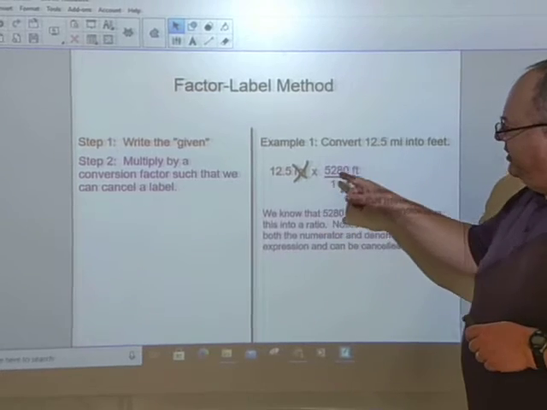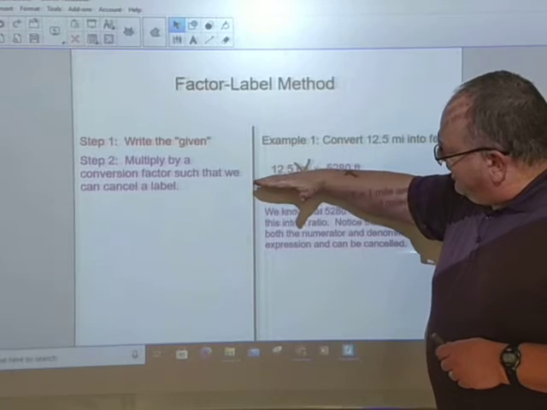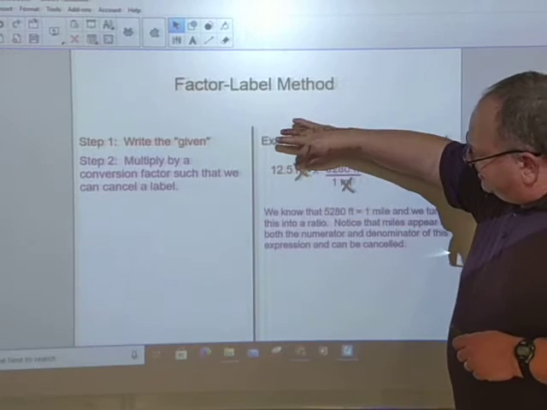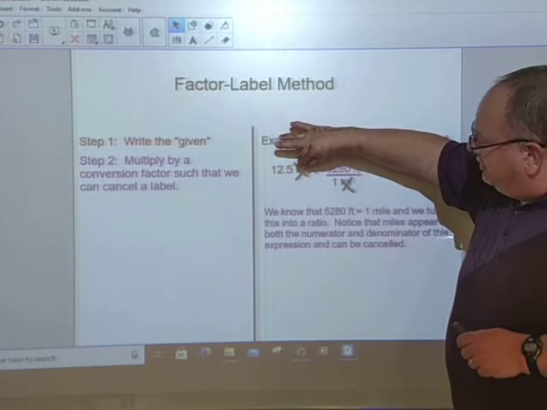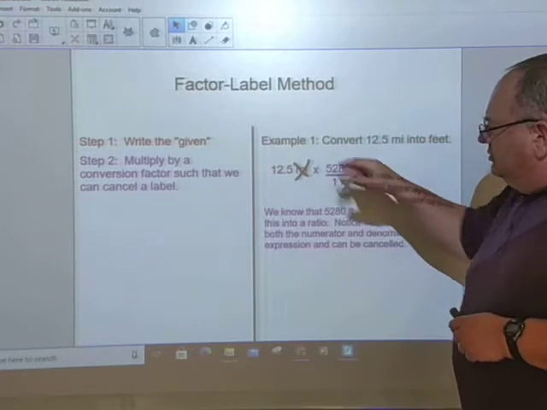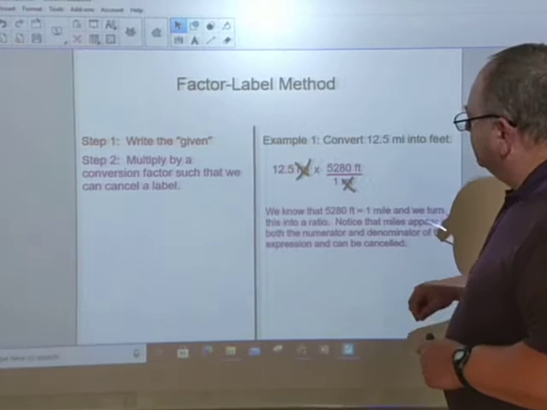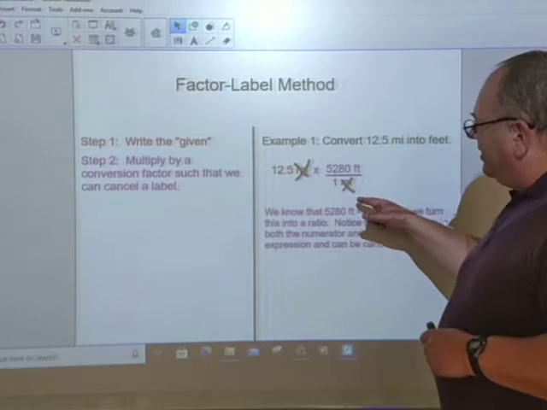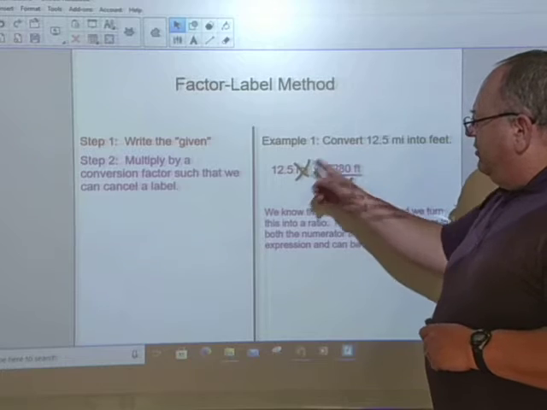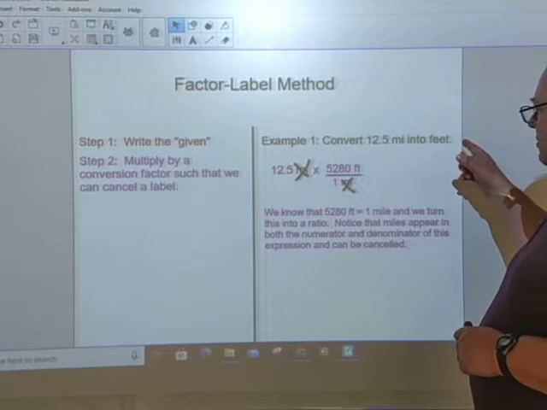See, if I put 5,280 feet over 1 mile, this fraction line goes through here, and essentially miles were in the numerator here, and miles were in the denominator here. So anytime I have the same thing top and bottom, I can cross them off. Miles cross off, and right now, the only label that I have on this problem is feet. And that's what I'm looking for.